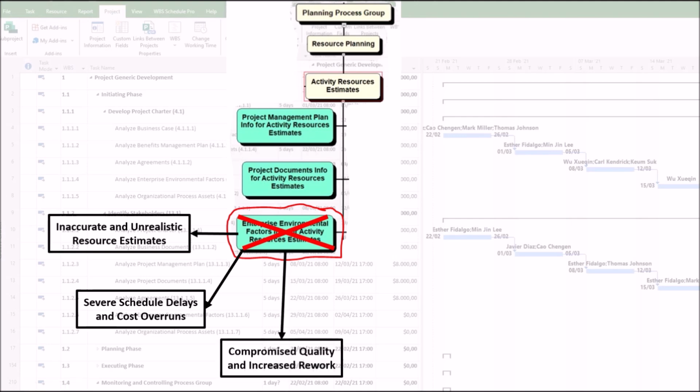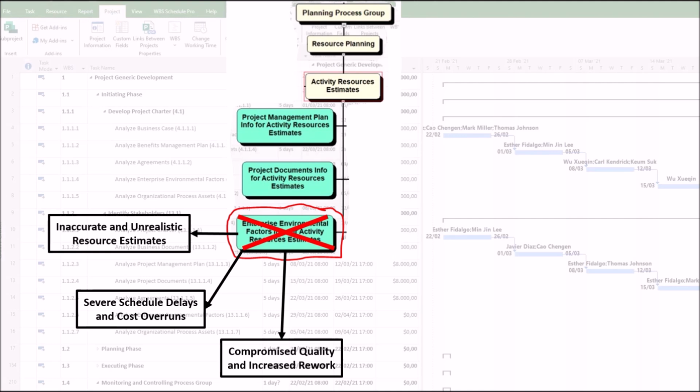3. Compromised quality and increased rework. Using the wrong or suboptimal resources inevitably leads to quality issues. The problem here is that you assign tasks based on availability rather than capability, ignoring, first, enterprise environmental factors, such as internal resource capabilities. For example, the available staff lacks the specific certification or expertise required to perform the work to the necessary standard.